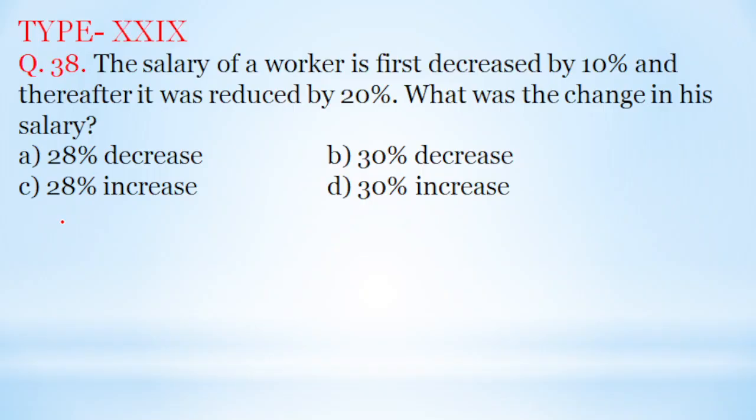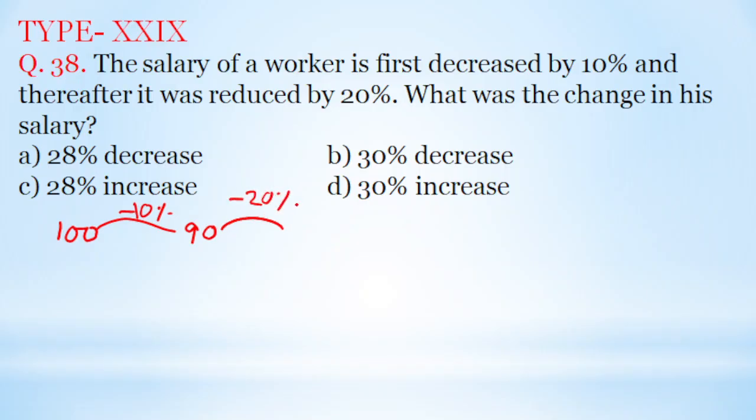Suppose his salary at first was 100. Then the salary of the worker is first decreased by 10%. That means after 10% decrease, it will be now 90, and once again it is decreased by 20%.